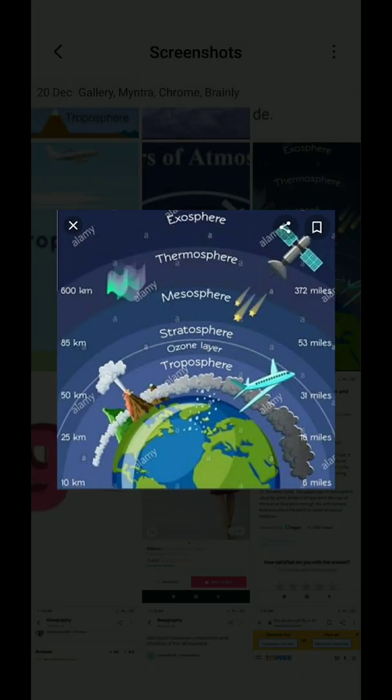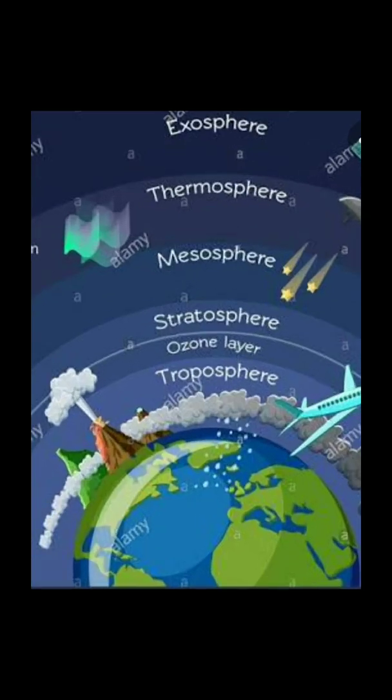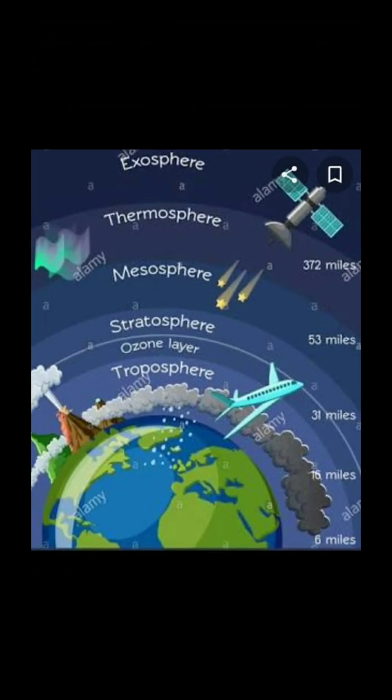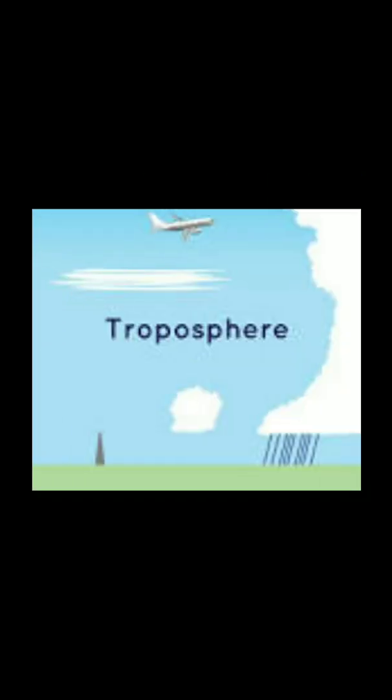The troposphere is located in the earth's surroundings, very attached to the ground, just above the ground. You can see here the volcanoes, small hills, mountains, clouds, and even aeroplanes or helicopters fly in the troposphere.